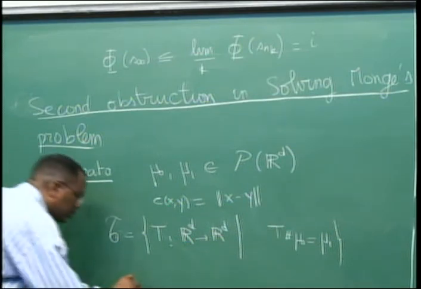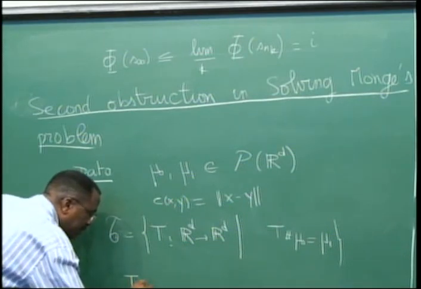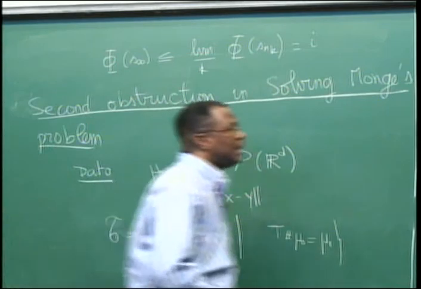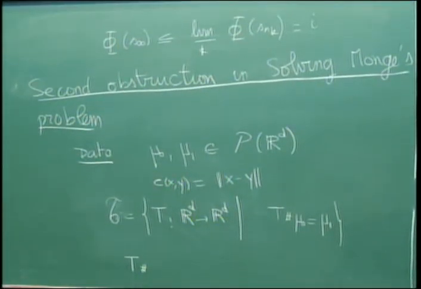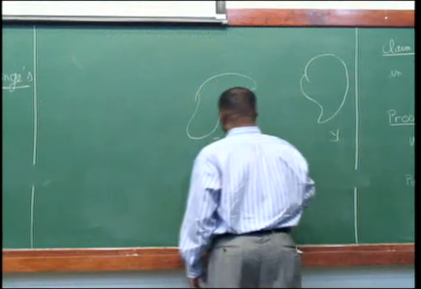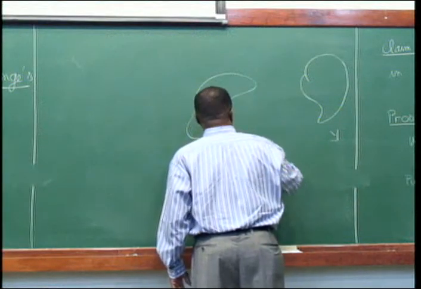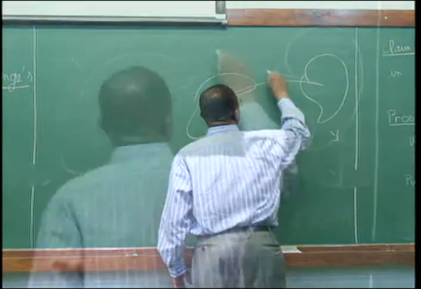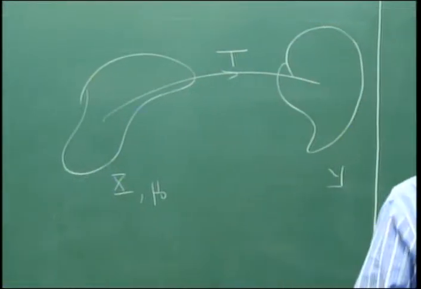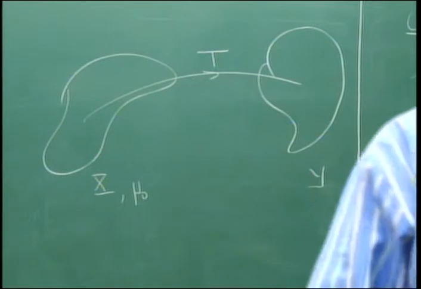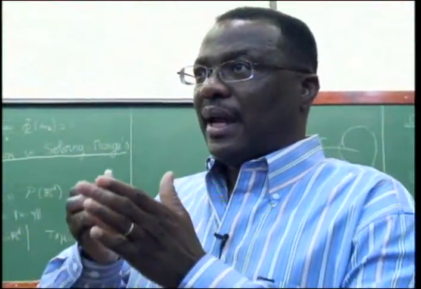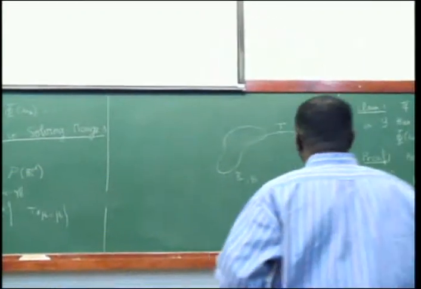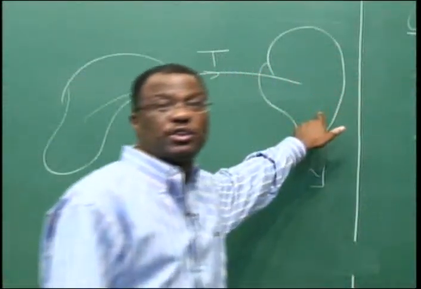By definition, if I have a set X, and I have a set Y, and I have a measure mu0 here, and I have a map T going from X to Y, I can use the measure and the map to define another measure here.